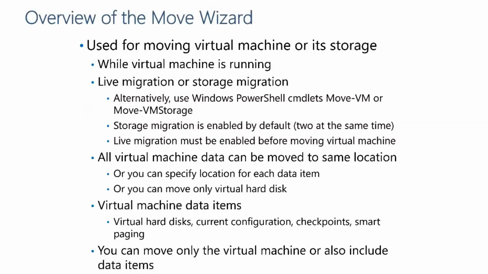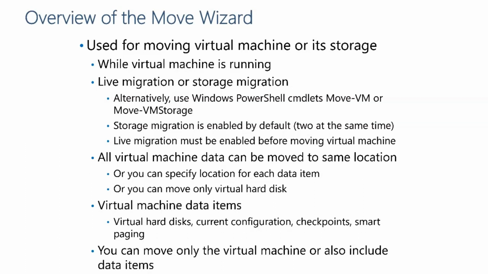Alternatively, you can use the PowerShell commandlets, the Move-VM or Move-VMStorage commandlets, to do it in PowerShell. Like we've been saying all along, anything you can do in the graphical user interface, you can also do with the PowerShell commands. Storage migration is enabled by default, but you can only do two at the same time.